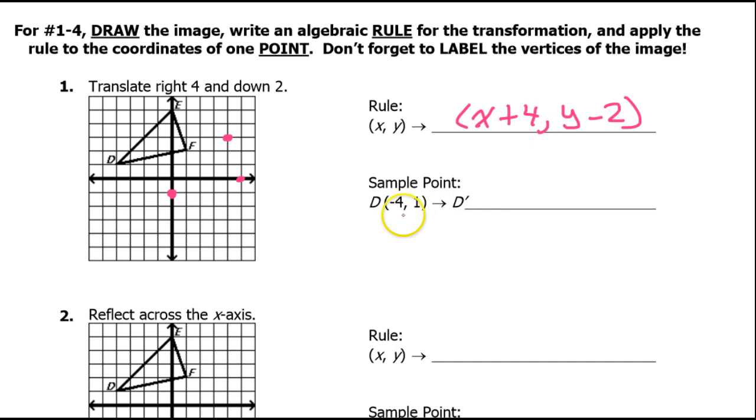So I could use the rule by adding 4 and subtracting 2. Negative 4 plus 4 is 0, and then 1 minus 2 is negative 1. So that tells me that D prime will be 0, negative 1. And so I could have found this point that way.